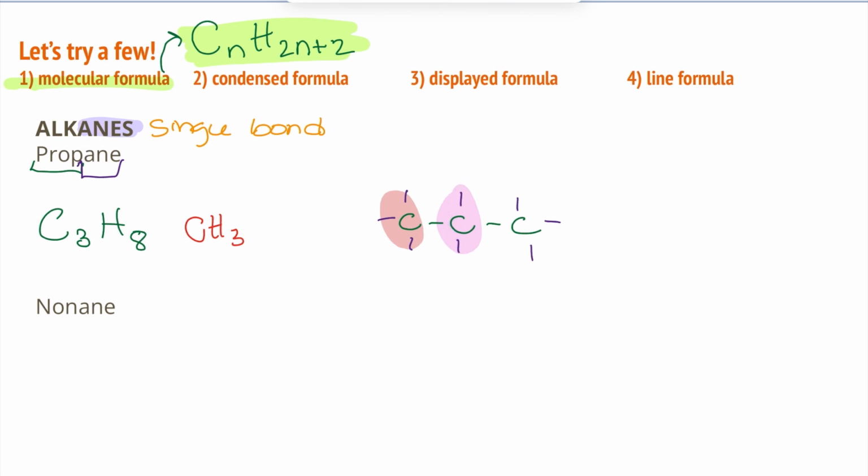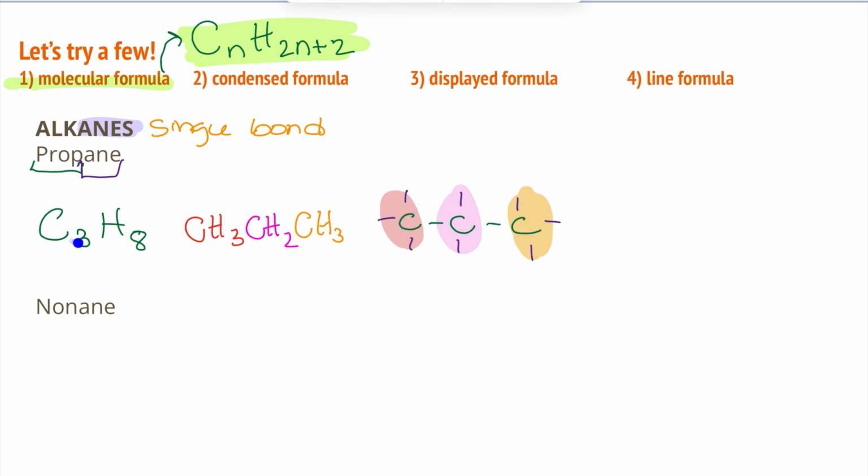I'm only looking at the hydrogens, not at the carbons being attached in the chain. So CH2, that has 2 hydrogens. And then my last carbon is going to have 3 because it doesn't have anything else on the side, so CH3. And that is my condensed formula. I can see the structure and what is on each of those, but I don't have to draw that out.